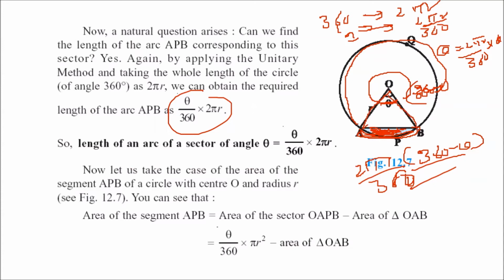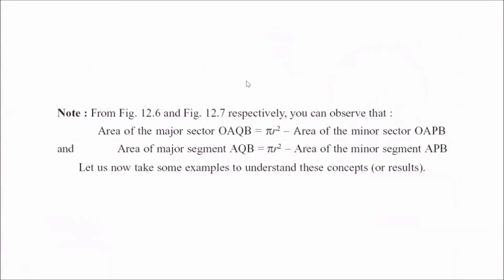The area of the sector OAPB we already know, theta by 360 into pi r square. If we subtract the area of this triangle OAB, we get this region. We'll see how in an example. In this way, the area of the major segment and minor segment can be found out. You just have to subtract from pi r square the area of the minor sector and the area of the minor segment.